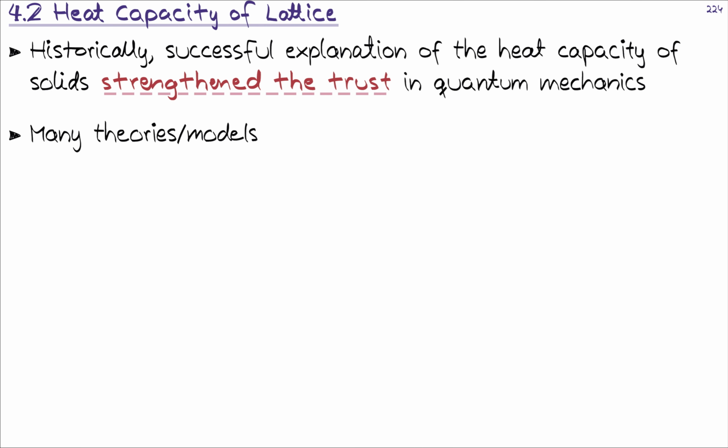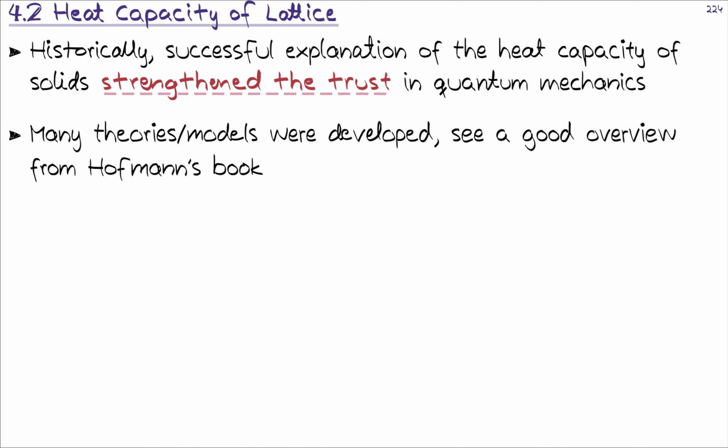So many theories and models were developed, and a good overview on that can be seen, for example, from Hoffman's book, if you're interested in reading a little bit. And of course, from the internet archives, you can find plenty of materials. Wikipedia would be, for example, a good starting point.